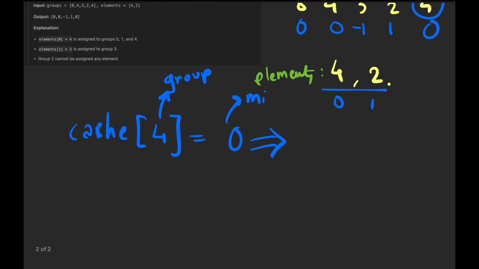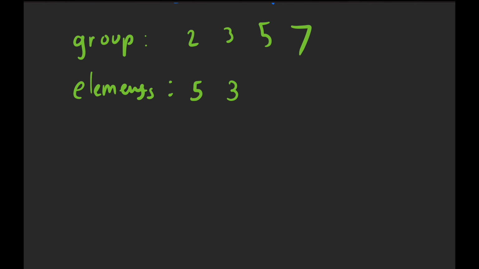Let's consider a second example. So let's say we have a group which is 2, 3, 5, and 7, and we have elements as 5, 3, and 3. So let's give the index number here. So 0, 1, 2.